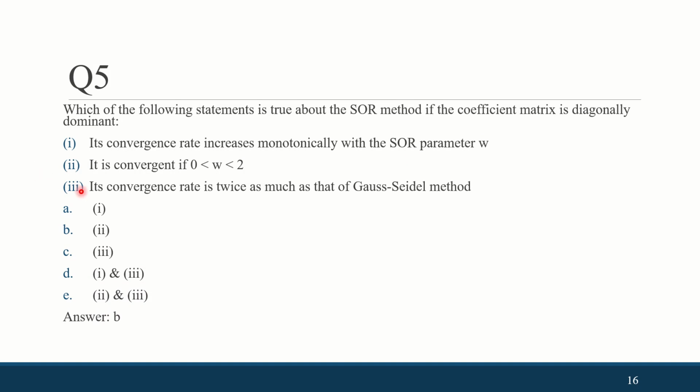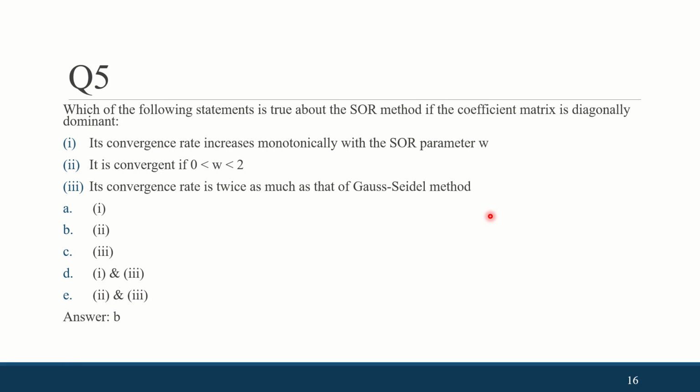And also, in the same way, we cannot say it is twice as much as that of Gauss-Seidel. If anyone of you remember what the convergence rate is, it is somewhat faster than Gauss-Seidel, but we cannot say it is twice as much, because generally the number of iterations for Gauss-Seidel is n squared, where n is the number of grid points, whereas in optimal SOR it would be around n to the power 1.5.